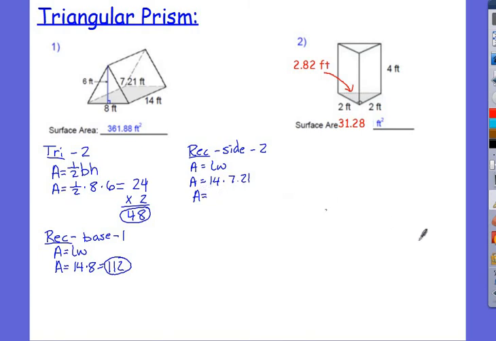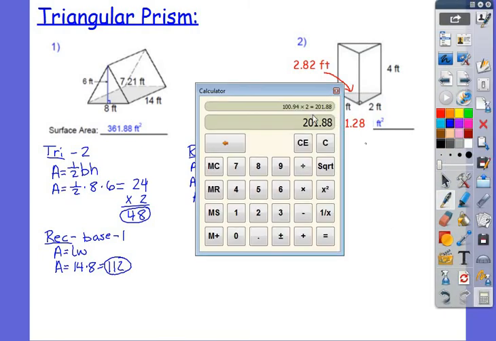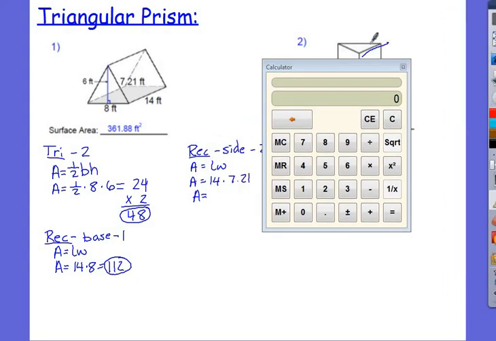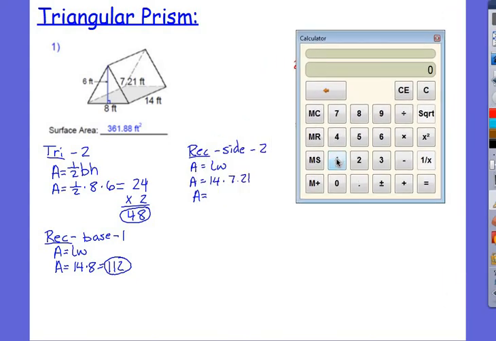Then 14 times 7.21, I get 100.94. How many of these do I need? 2. So times 2, I get 201.88 is the area of the side rectangles.